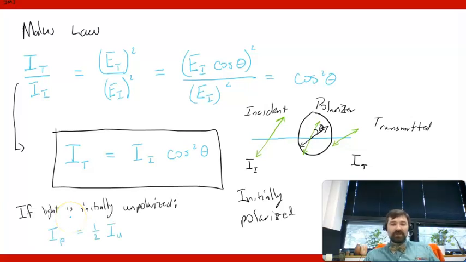And so our equation basically would be something like intensity of the polarized light that's been transmitted by this polarizing filter is half of the intensity of the unpolarized light that was incident on the filter. And that's Malus's law.